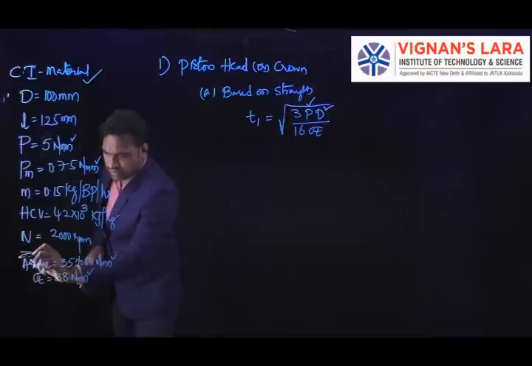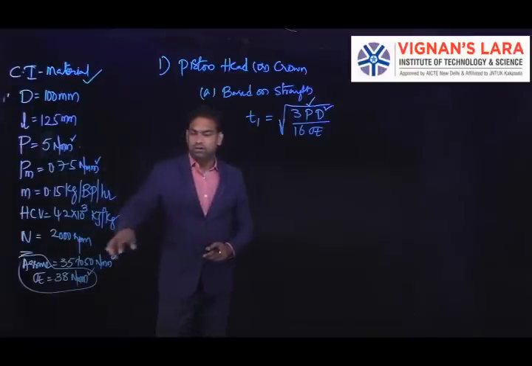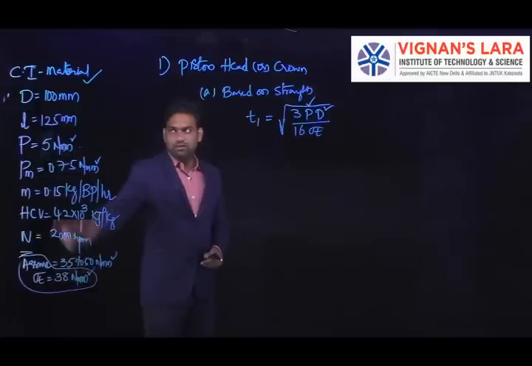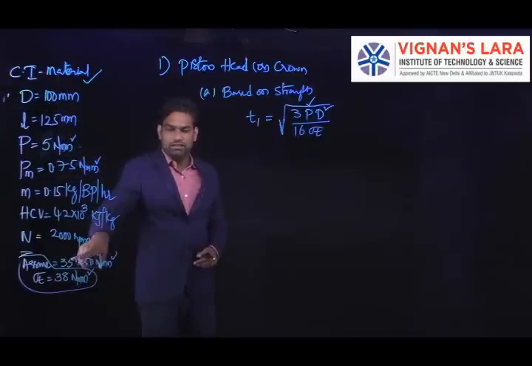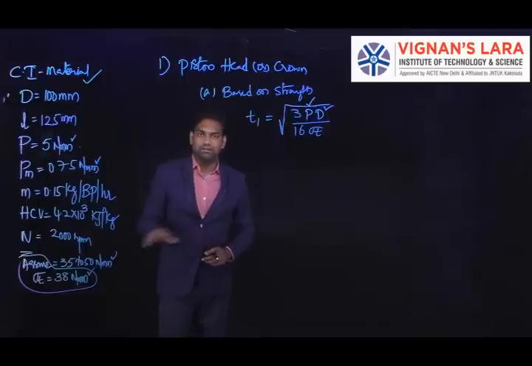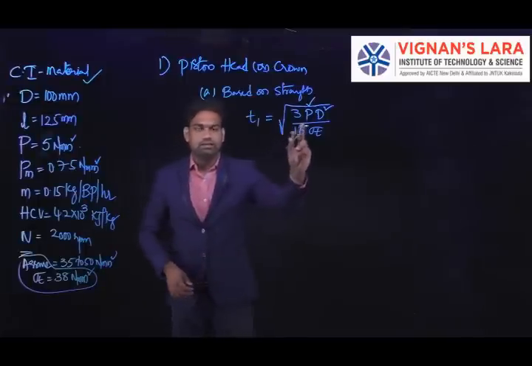You need to clearly state the assumption here, that is, assuming sigma T equal to 38. We take the sigma T value in between the range of 35 to 50 Newton per mm square for calculating the thickness of the piston head.